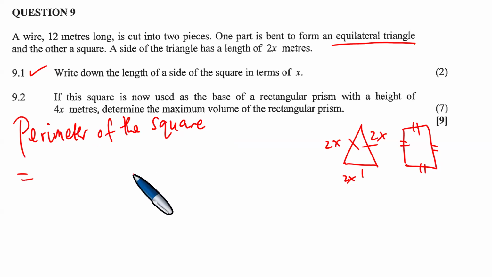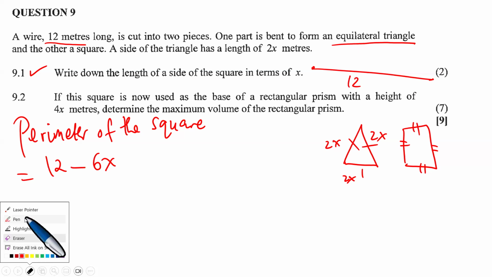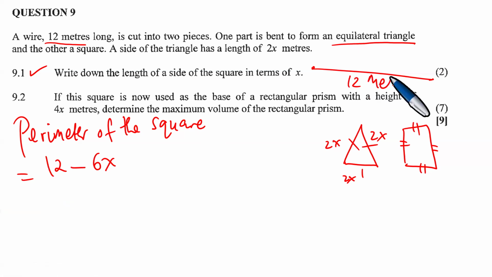In other words, the perimeter of the square is going to be obtained as follows. Remember that this wire we are dealing with is a wire of a given length, namely 12 meters. So we have 12 meters, and out of the 12 meters of the length of this wire, you're going to subtract 2x, but 3 factors of 2x. So in other words, we're going to subtract 6x, and this is going to give us the perimeter. Remember that we have this length of wire, which is 12 meters, and we subtract 2x for each side of the equilateral triangle. Pay particular attention to the things that matter.